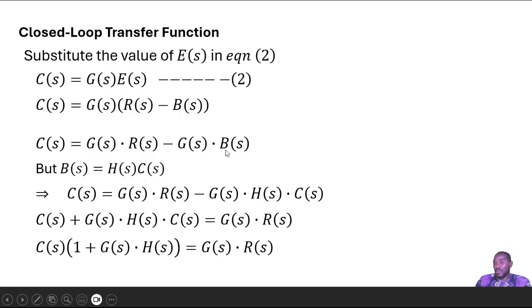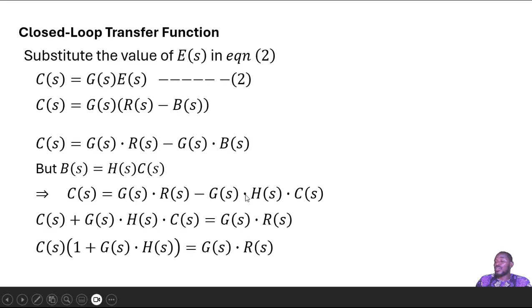Let's follow this now. C of S is the product of your forward loop transfer function G of S times the reference signal, minus G of S times, now instead of our feedback signal, we now have these two products, H of S, C of S.